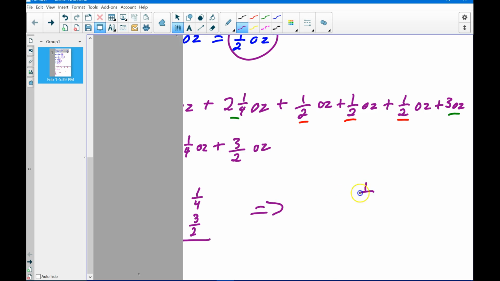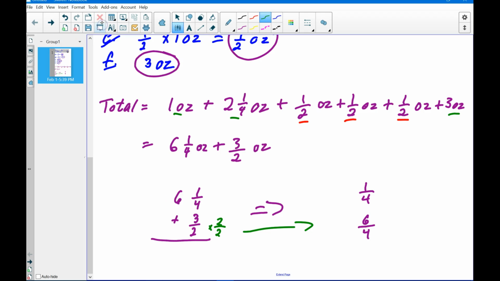So 3/2 becomes 6/4: 2 times the top, 2 times the bottom gives me 6/4. But I can't forget the other piece altogether, so I bring it back and it becomes 6 1/4.